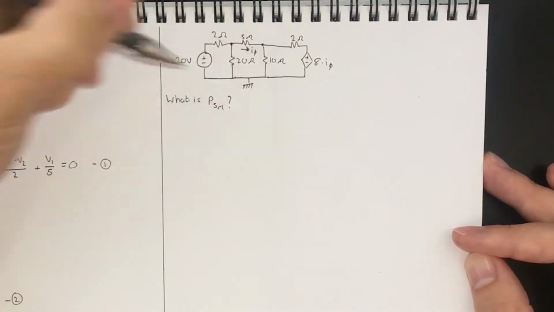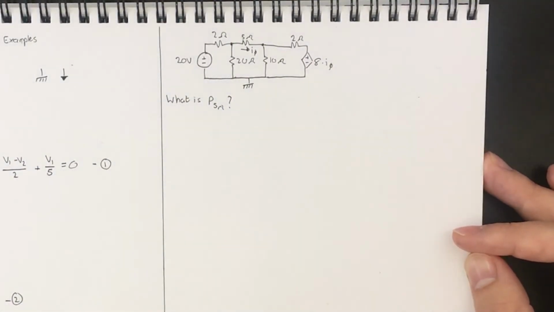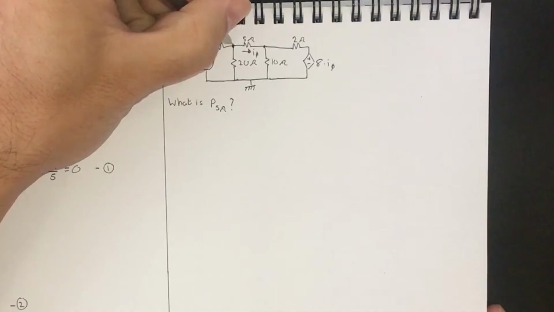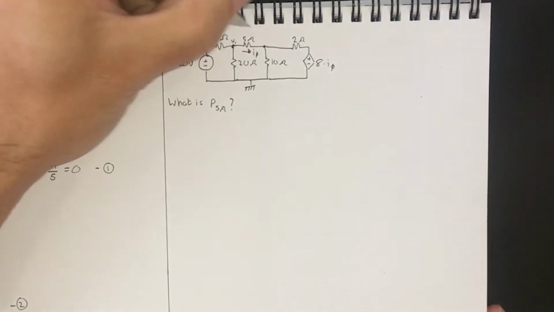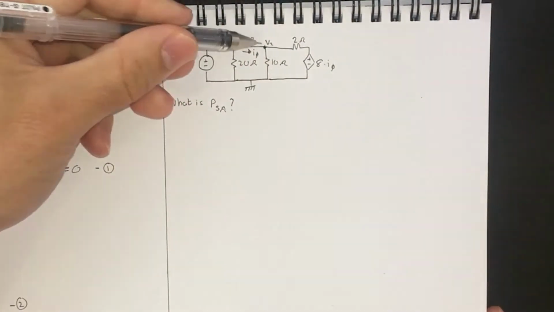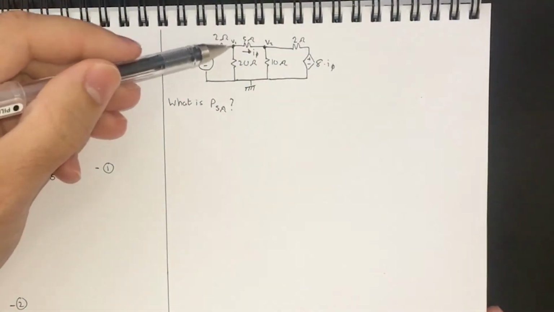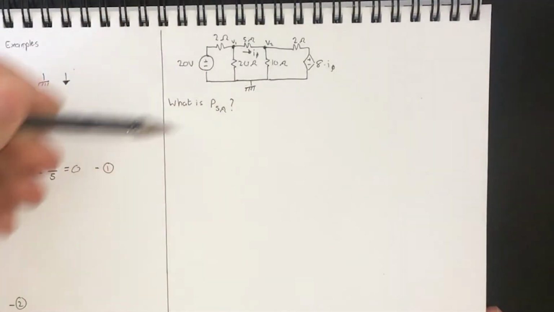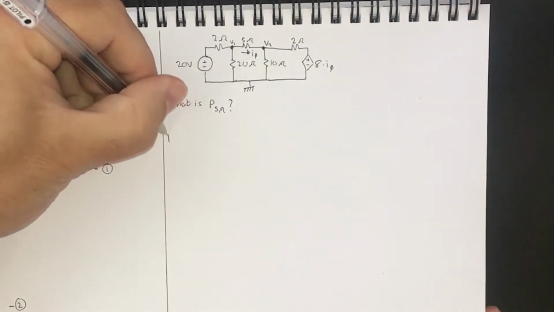And we're going to use node voltage to solve this question. So let's do node voltage. Let's first identify the respective nodes. We define this one as V1 and that one as V2. These are the essential nodes, as well as this one.